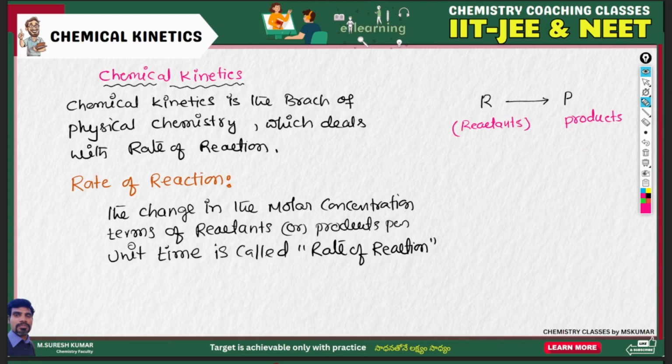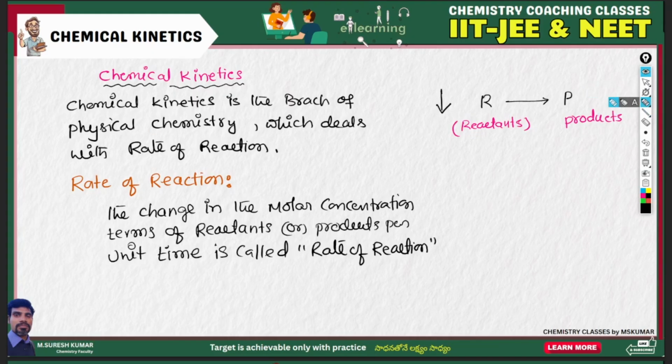Now see, in any chemical reaction, at the initial state the concentration of reactants is maximum. The concentration of products at the beginning is 0. No products are present at the beginning.